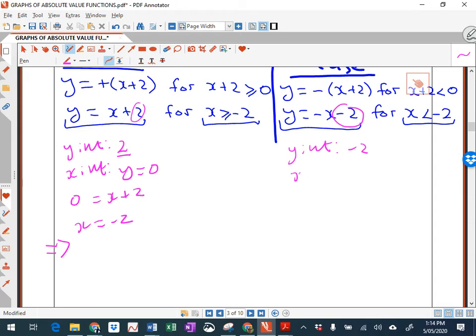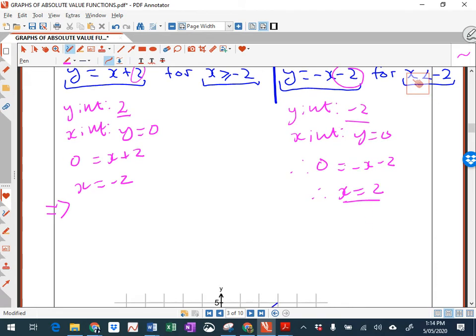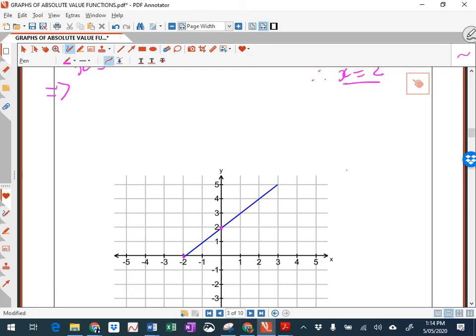So the x-intercept, I'm going to put y equal to 0. Right, therefore 0 is equal to minus x minus 2. So therefore x is equal to 2. So that x equals 2 and y equals -2 are the intercepts. So let's put that. So x equals 2. That's one of my intercepts, just here.